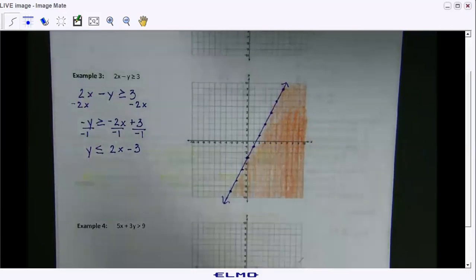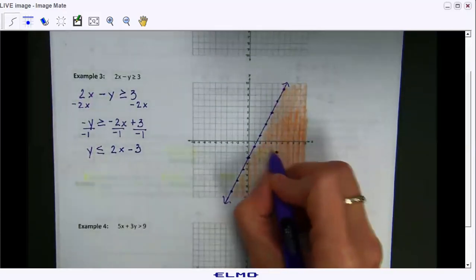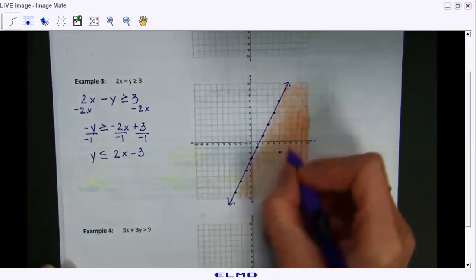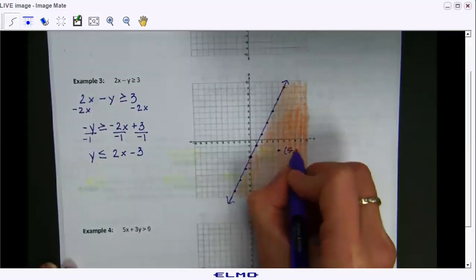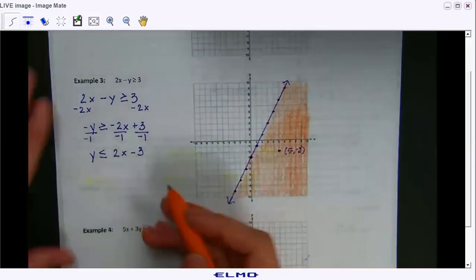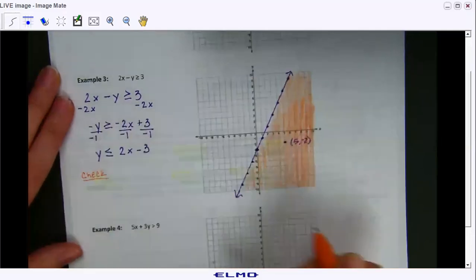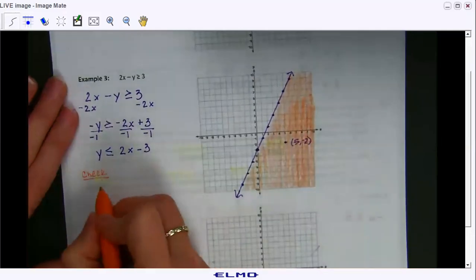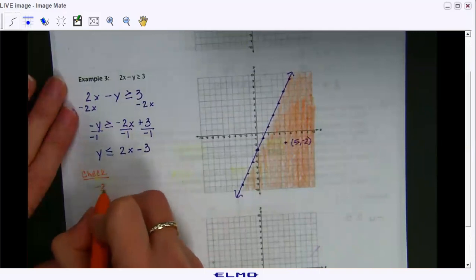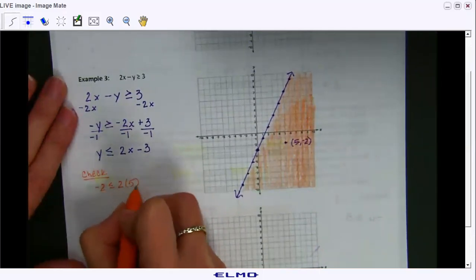Okay, so I'm going to choose a point on my graph. I'm going to choose (5, -2), and I'm going to plug this into the equation to check my solution. So when I check my solution, my y is -2 and my x is 5.